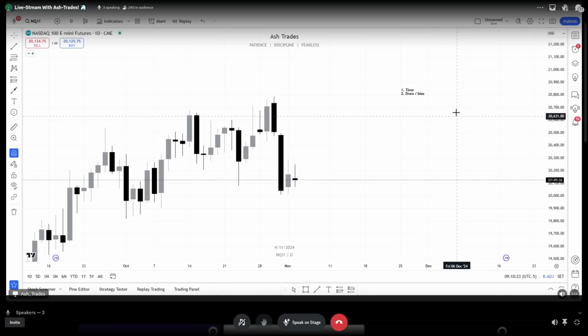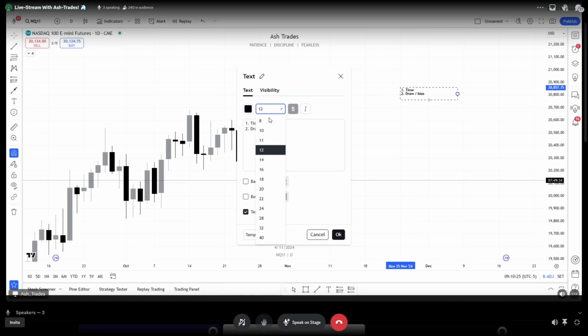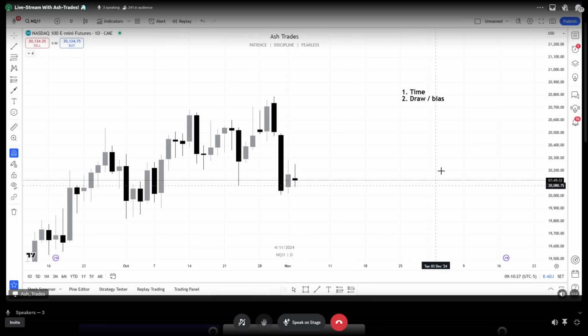Let's make this a little bigger. All right, so time, bias, entry function. Okay, so all we're looking to do is understand time being the most important element. Then we're looking for our draw on liquidity or bias. And then we're looking to execute our entry function aligned with number 1 and number 2.